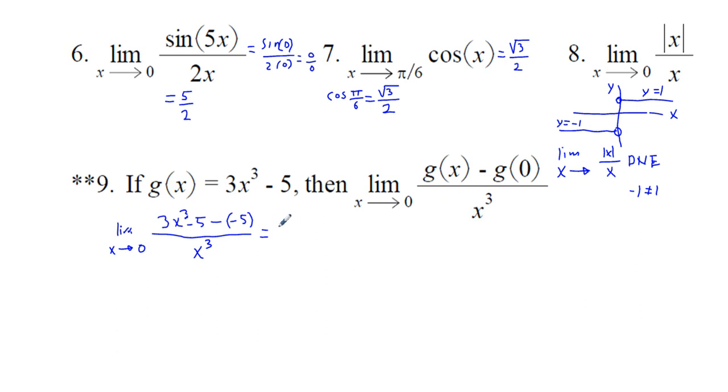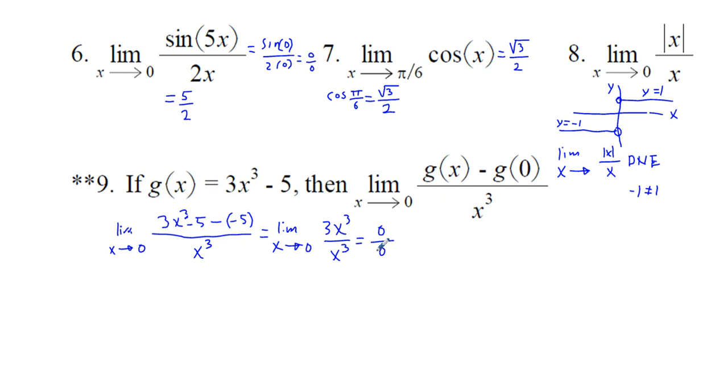And so working to the right, we're going to have -5 minus -5. We're going to have limit as x approaches 0 of 3x cubed over x cubed. And if we substitute in, try direct substitution, you can see that we're going to get 0 over 0, right?